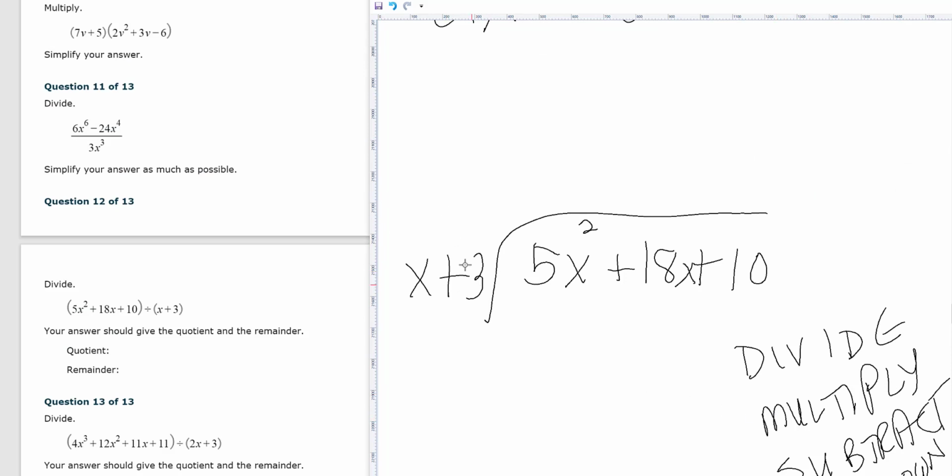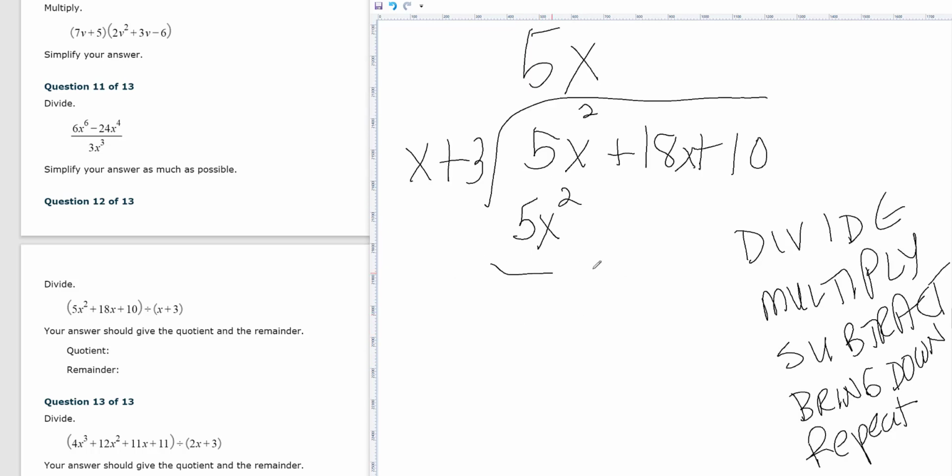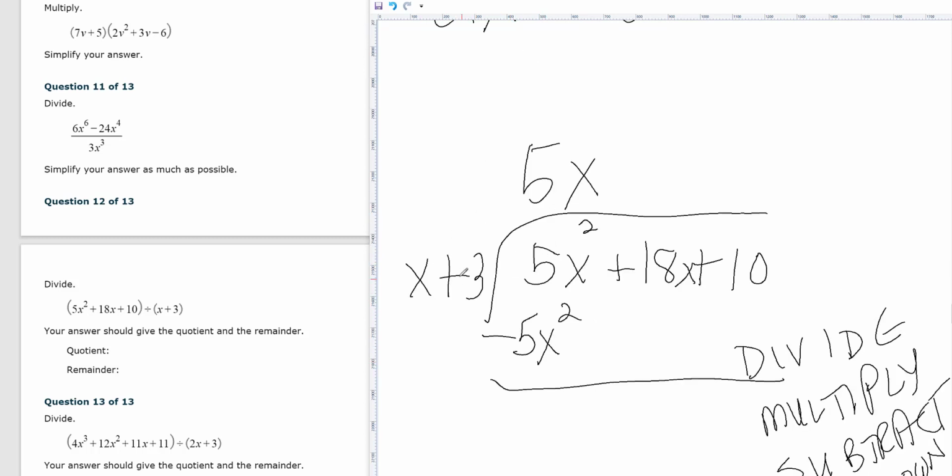So, like I said, we're going to ignore this 3 and we're just going to divide. I need a 5x here. Why? Because 5x times x is 5x squared. So I want that first one to match so that when I subtract it, I get 0. Now I have to also bring this 3 into consideration. 5x times 3 is 15x.